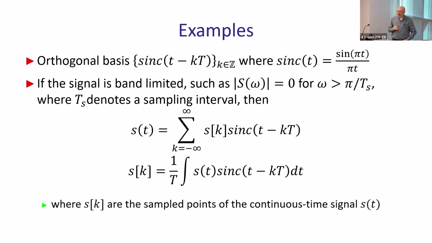So if this is your threshold for frequency, all frequencies are lower than that omega, which means the spectrum of that signal above that omega is always 0. You don't have any frequencies above it, and this is what that expression says. If your spectrum as a function of omega is 0 for any omega larger than that threshold, and this is your sampling interval, how fast you sample, then you can reconstruct the signal using the sinc functions. It's called the Nyquist theorem, the sampling theorem.